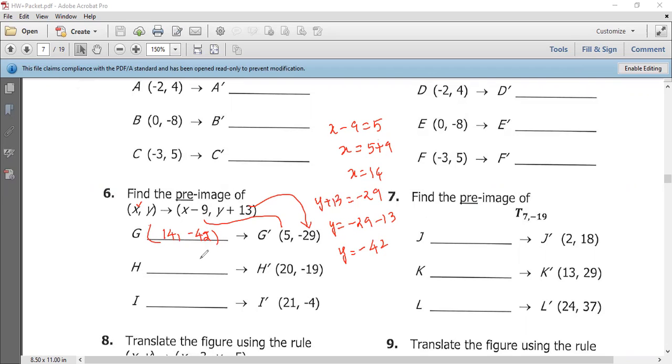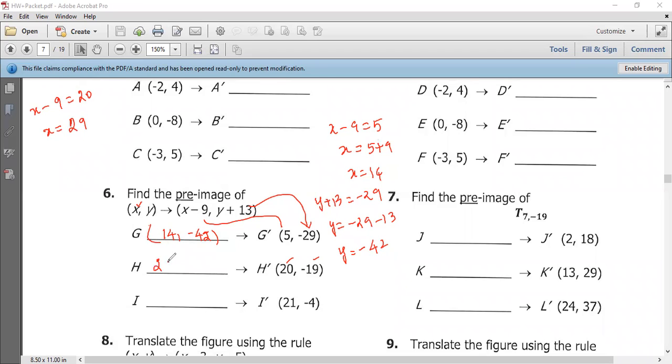Same way, you have to go with 20 and minus 19. So x minus 9 is equal to 20. Simply equating, then x will be 29. This 9 will go to that side, minus 9 will become plus 9. So x is equal to 29.